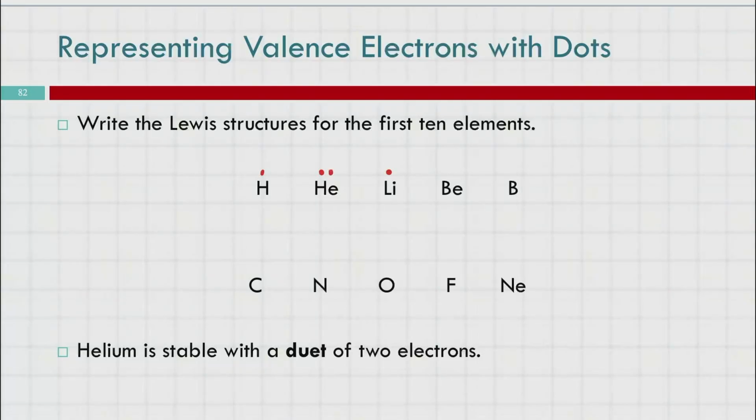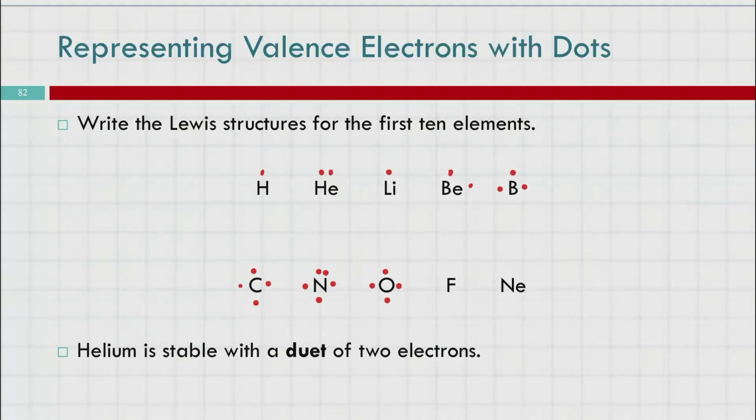So lithium has 1 dot. Beryllium, we're adding 1 more dot because we've got now 2 electrons in our valence shell, our n equals 2 shell. So we've got 2 dots. Boron, we get up to 3. Carbon has 1 more. Hopefully you're seeing the pattern. Nitrogen, we've got 5 valence electrons.